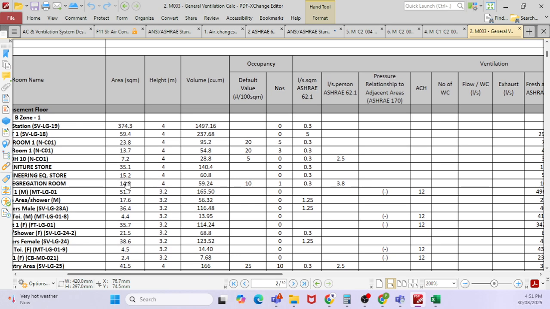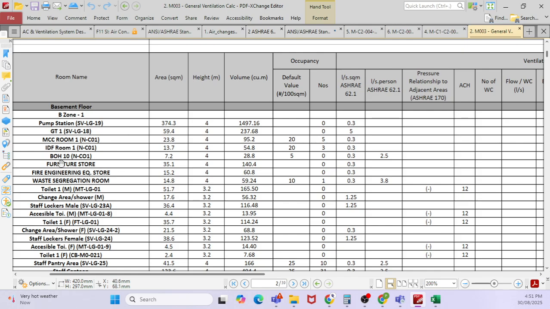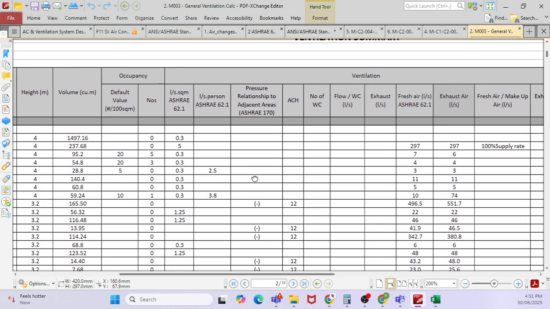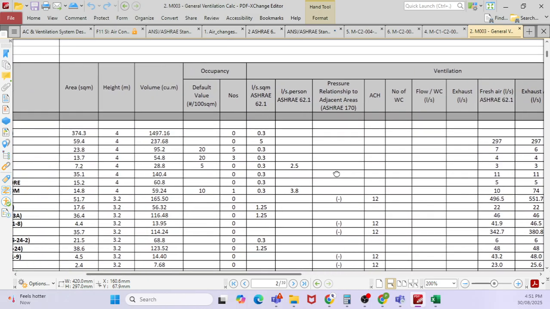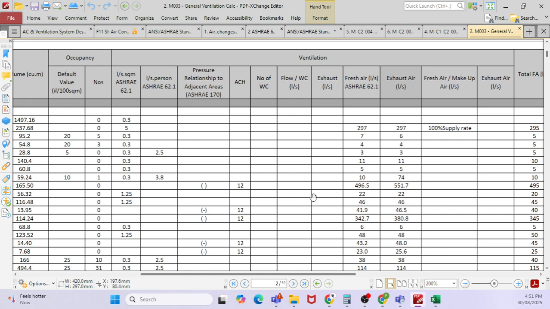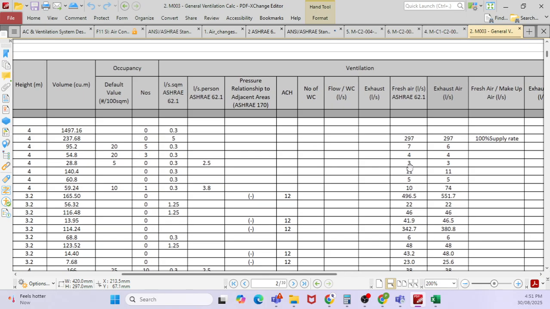Okay. And if I go to some other rooms, like say for example, I have a back of house room, I have to provide 2.5 liter per second per person. Okay, how many person? I'll be having occupancy. How many person here? This is like a 3% or 5% or 1%, depends upon the application or depends upon the furniture. So when I calculate my fresh air, how I will calculate? By using that equation. What is that equation?